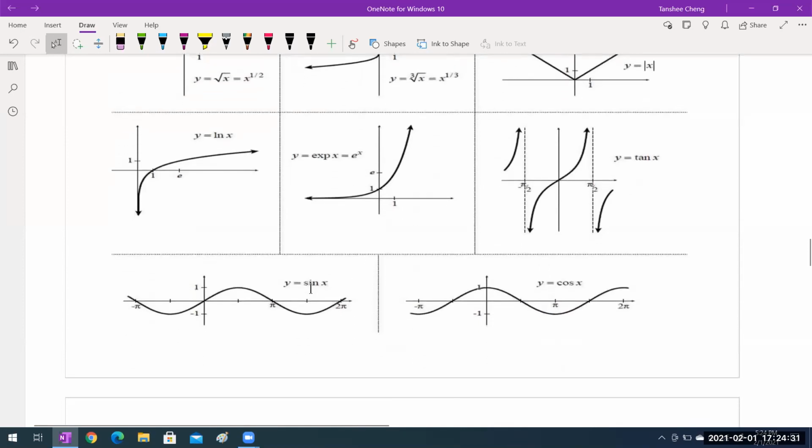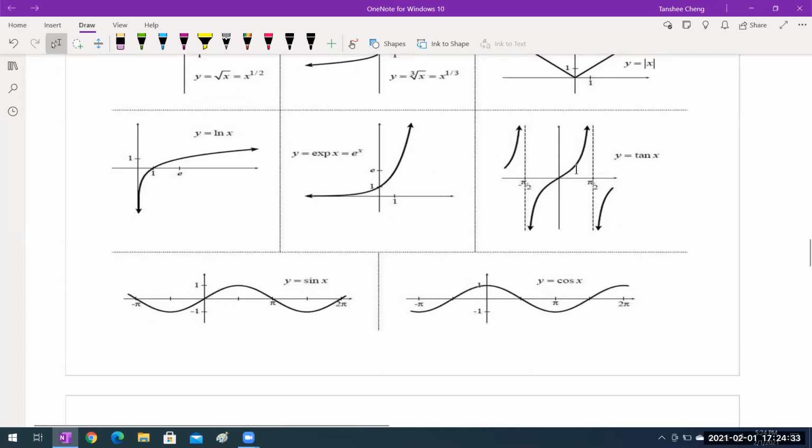And sine, cosine, and then tangent. Those are the shapes of some parent graphs that are going to come in handy later on. So definitely you need to know how to recognize and use the transformations to graph, whenever it's possible.